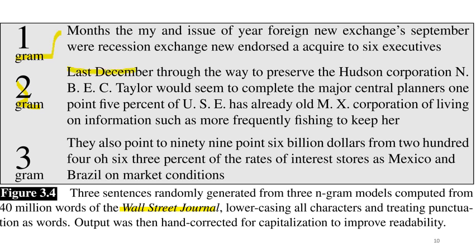It looks like a sentence. Last December threw away to preserve the Hudson Corporation. It's pretty good. Trigram looks even better. They also point to $99.6 billion from 204.63%. It doesn't make any sense, but it sounds like an English sentence.